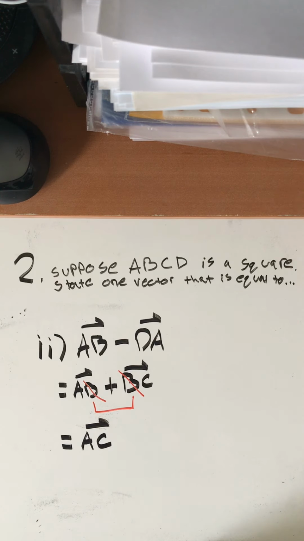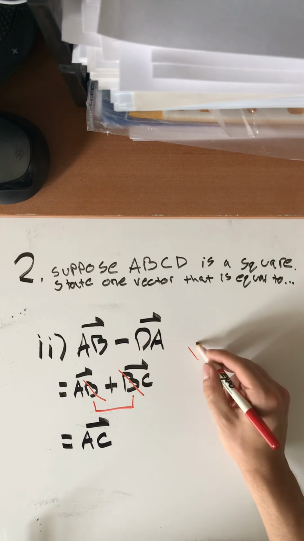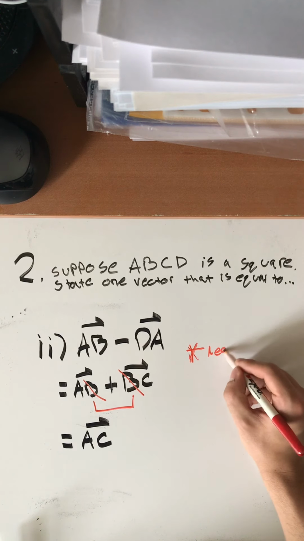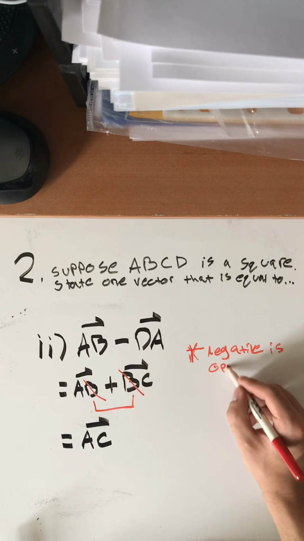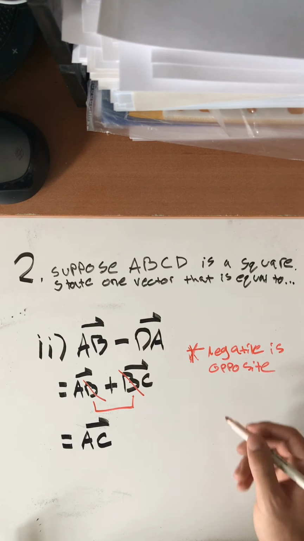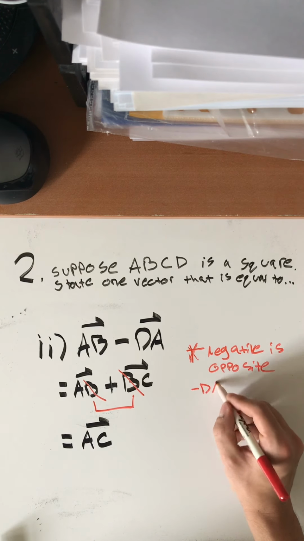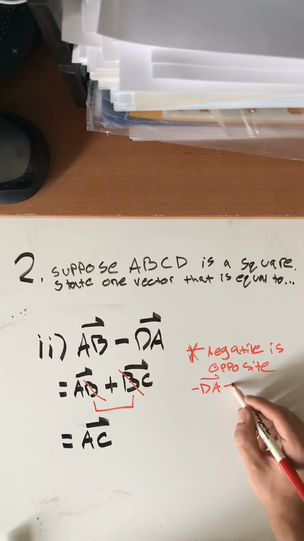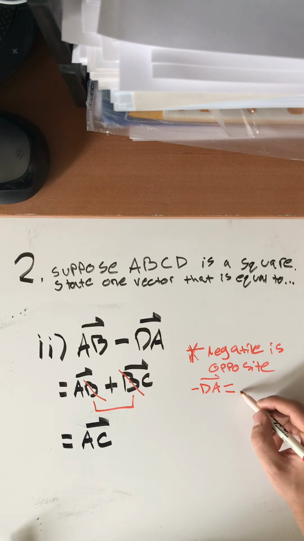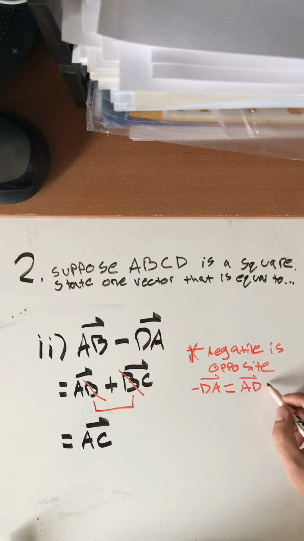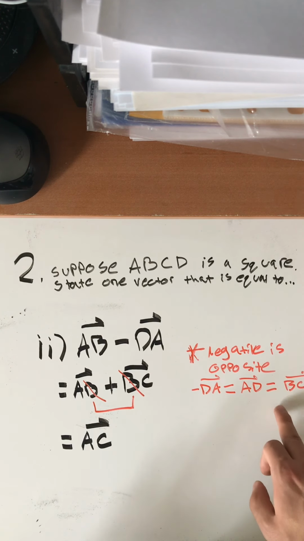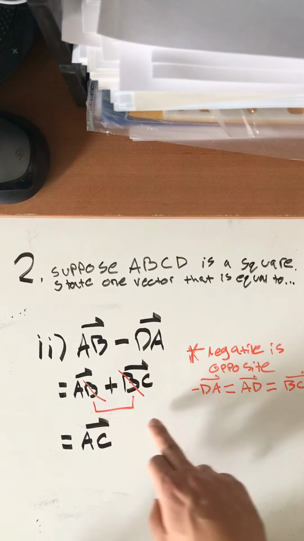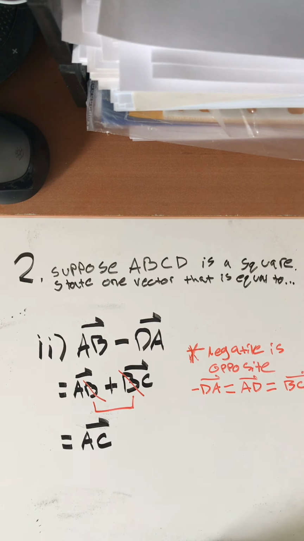So just a little note to what happened here. A negative is opposite. So for example, we had negative DA is also equal to positive AD, which is also equal to positive vector BC. And we could have used this vector, however, we went to BC so we could have the like terms of B and cancel out and get our final vector.